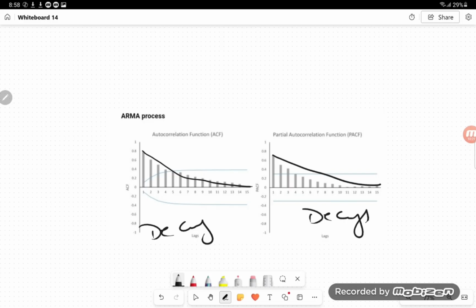So if both of them, ACF and PACF, decay gradually, this means that this is an ARMA model, not AR or MA. ARMA must be stationary. So this means that the AR part is stationary in case of the ARMA model.